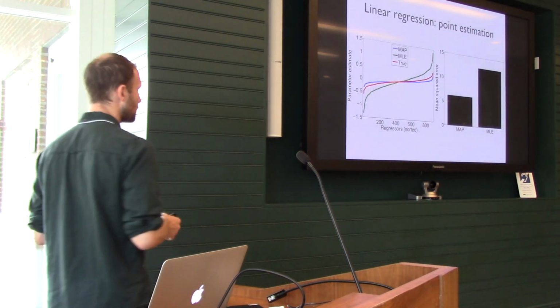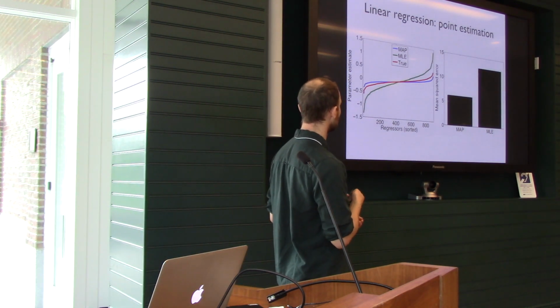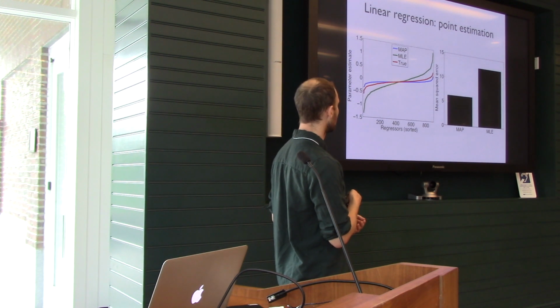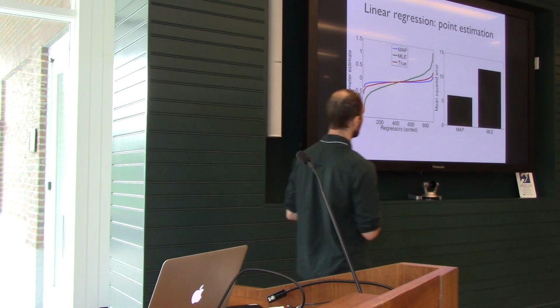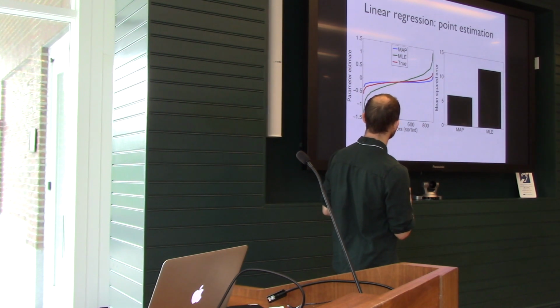So here's an example using simulated data. I generated a distribution of coefficients from the Gaussian, and this is the sorted coefficients here. This is the maximum likelihood estimate in green, and this is the MAP estimate in blue.